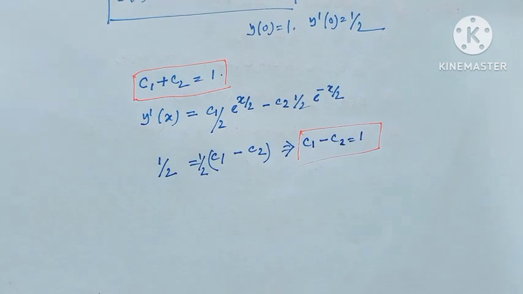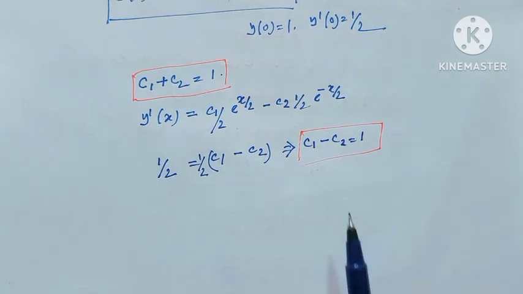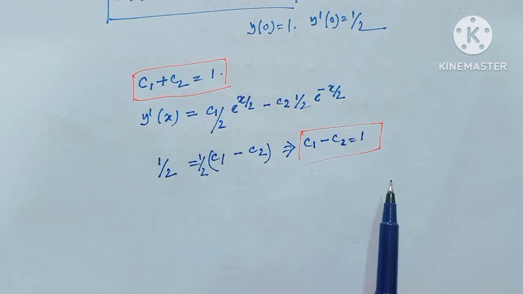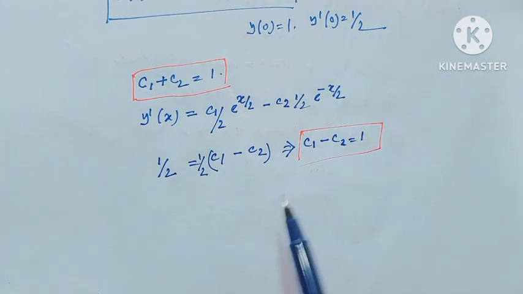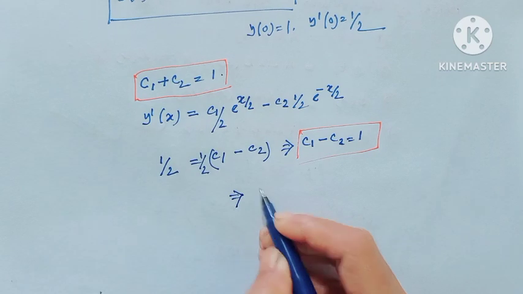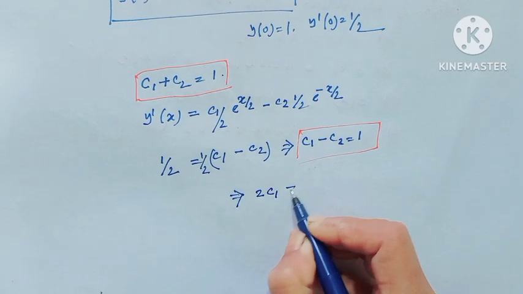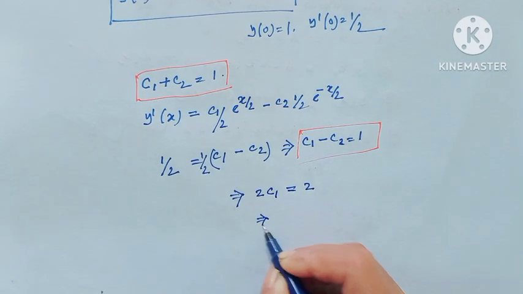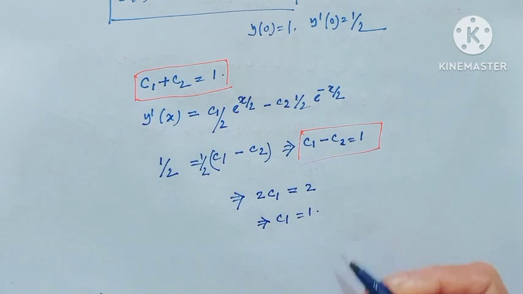So one condition c1 plus c2 equal to 1, another condition c1 minus c2 equal to 1, that implies 2c1 equal to 2, so c1 equal to 1.